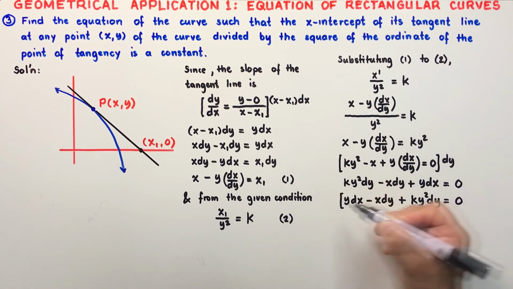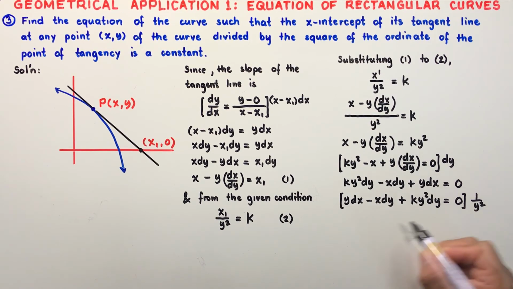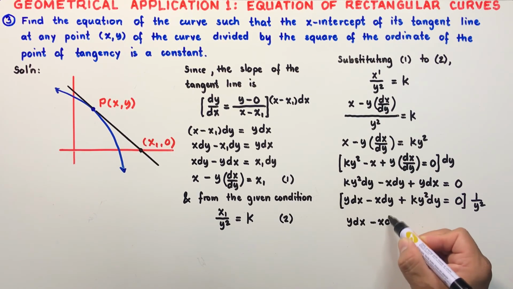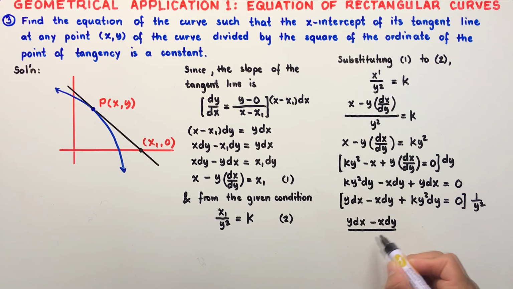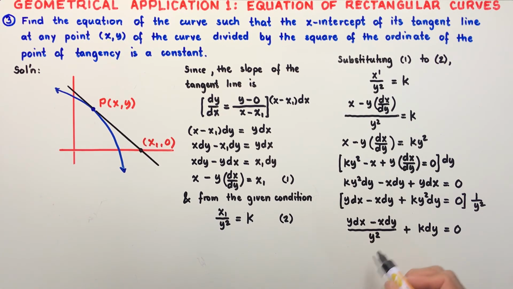And multiplying both sides of the equation by 1 over y squared, we have (y dx minus x dy) divided by y squared plus k dy, which is equal to 0. And we know that this is already a differential of a quotient, which is x over y, and this is added to k dy here.